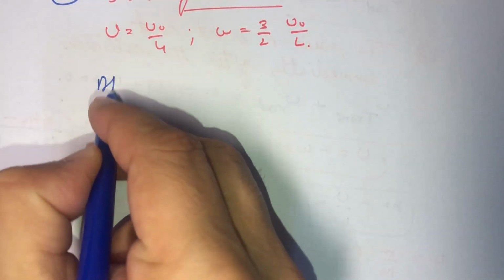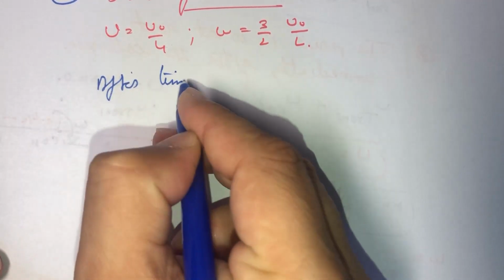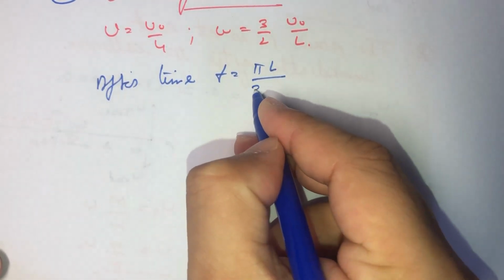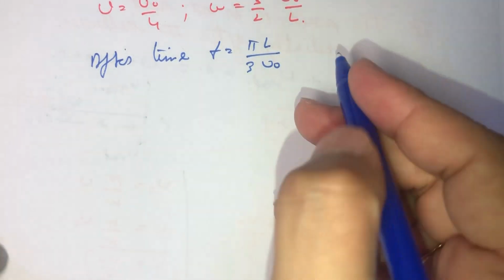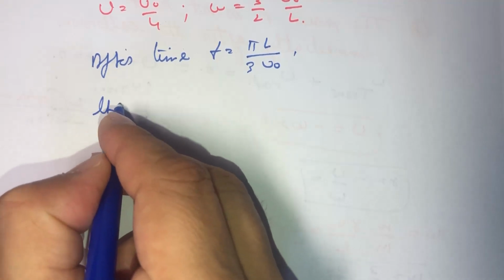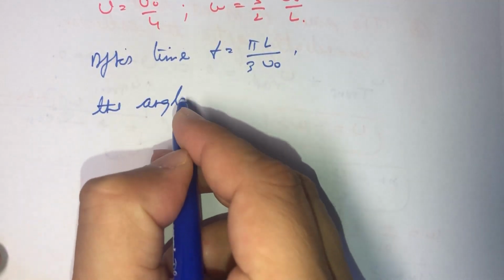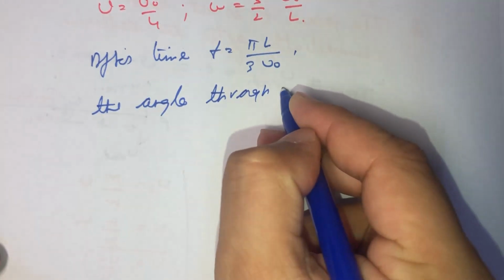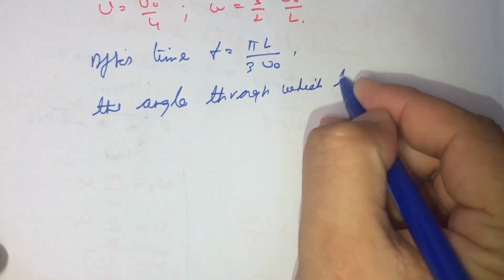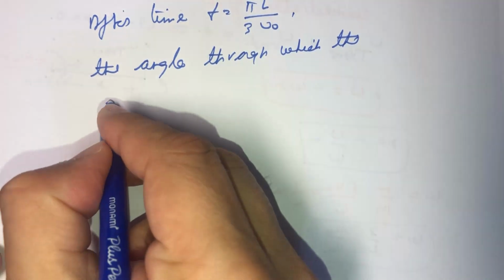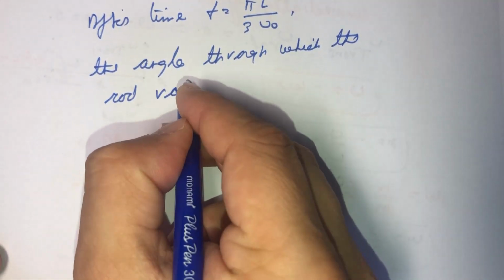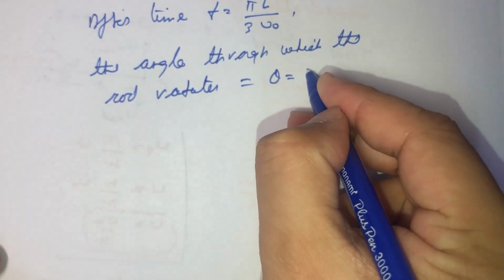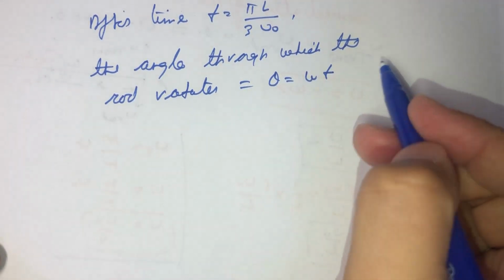So we can say after time t is equal to pi L upon 3 V naught, the angle through which the rod rotates is, let us suppose, given as theta. Theta will be equal to omega times t, where t is the time period.